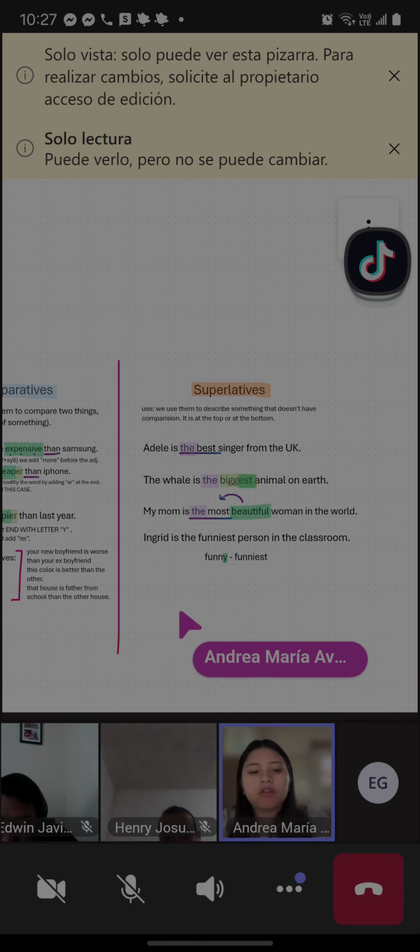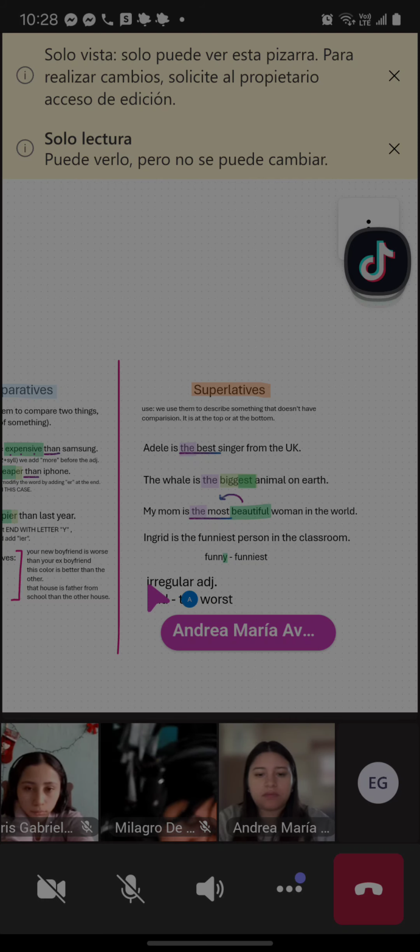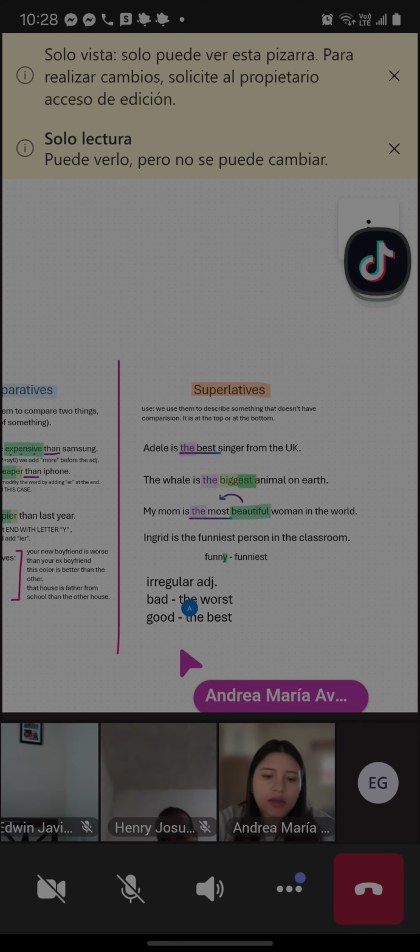Okay. Teacher, can I ask you? Yes, of course. Go ahead. When I have to add another consonant like biggest, but it has two G's. It is the same that we do in comparatives.